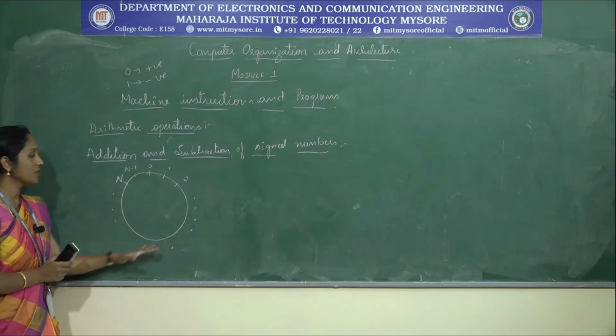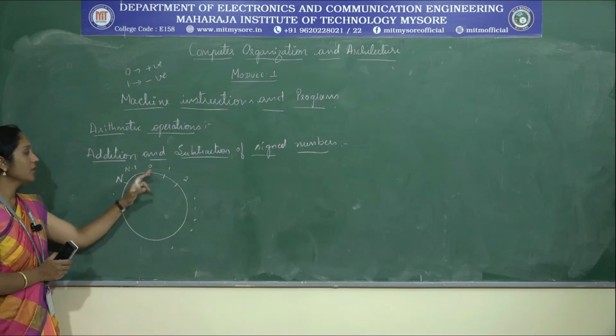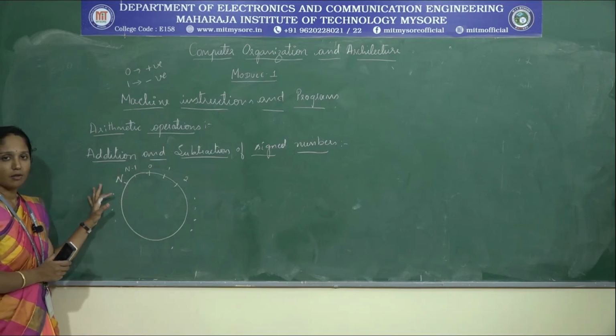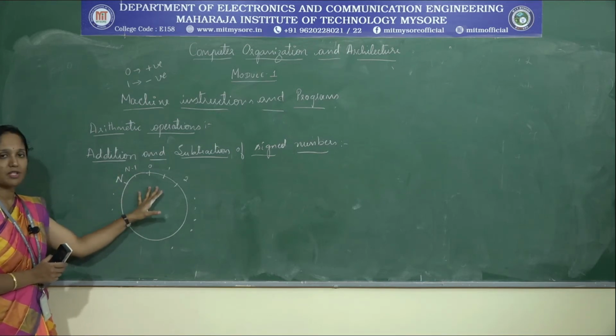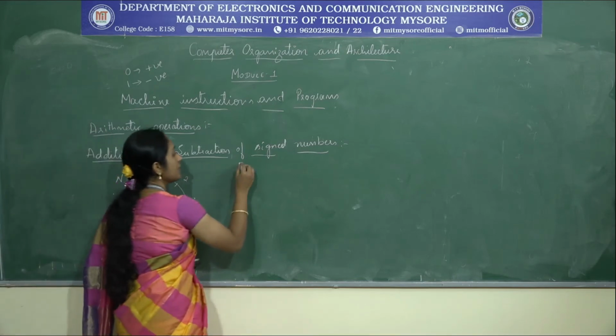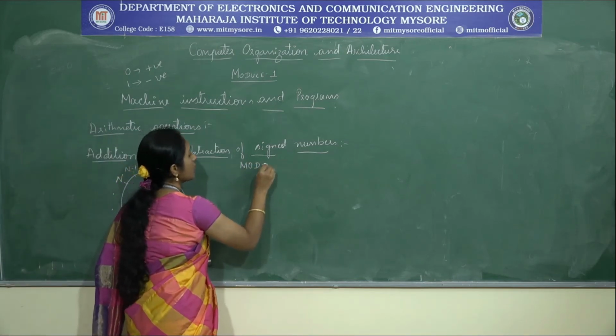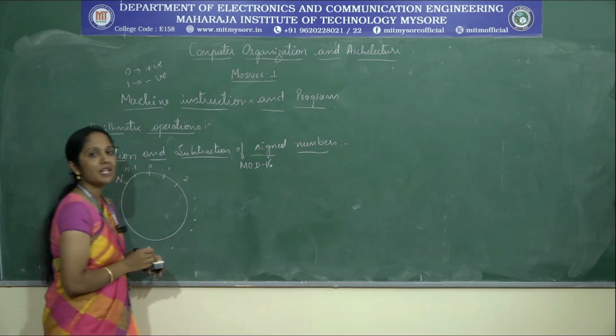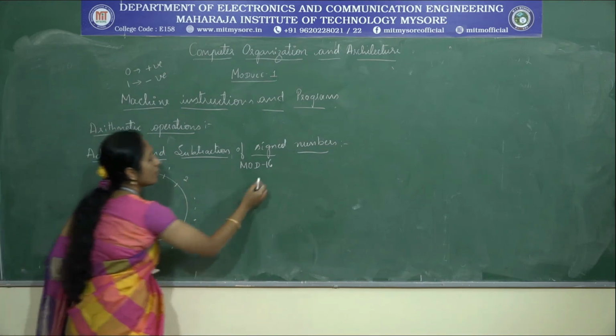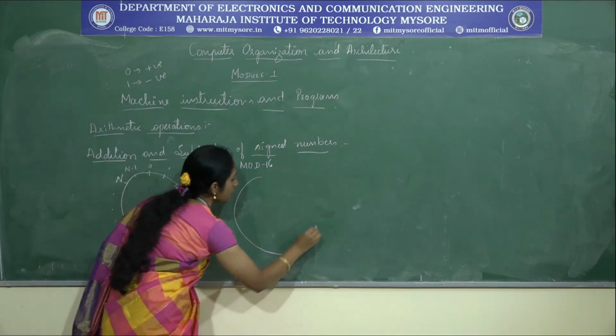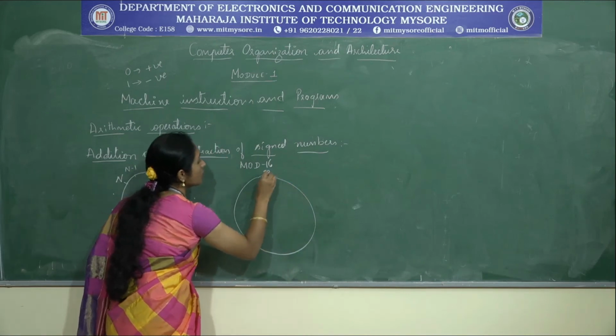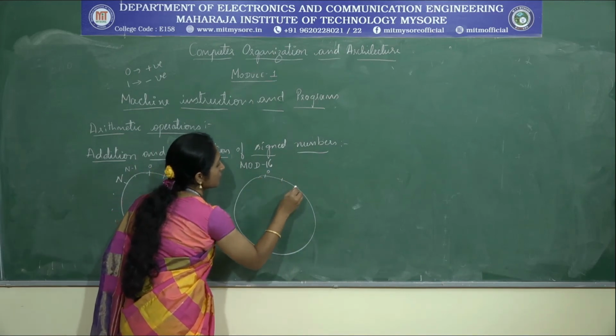So this is a general representation of a circle with 0 to n minus 1 values. And now we will consider mod 16 addition and subtraction, and for that we will consider a mod 16 circle having 16 values 0 through 15.